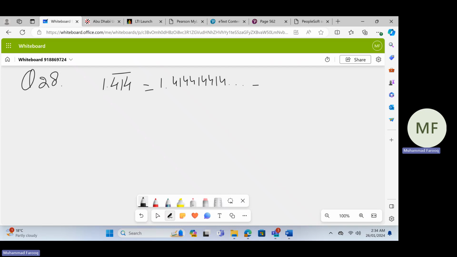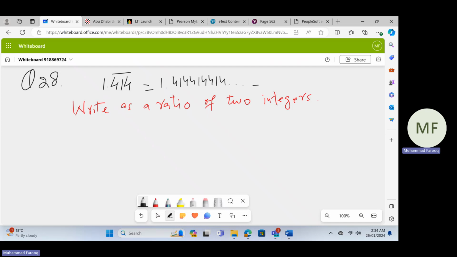This number, 1.414, is repeating, so we write the answer as a fraction. Please note down: write as a ratio. Ratio means fraction, a ratio of two integers. Integers means up and down only complete numbers, not decimal numbers.